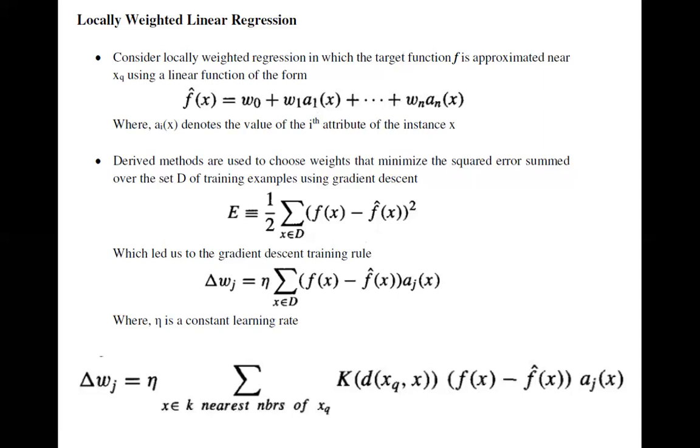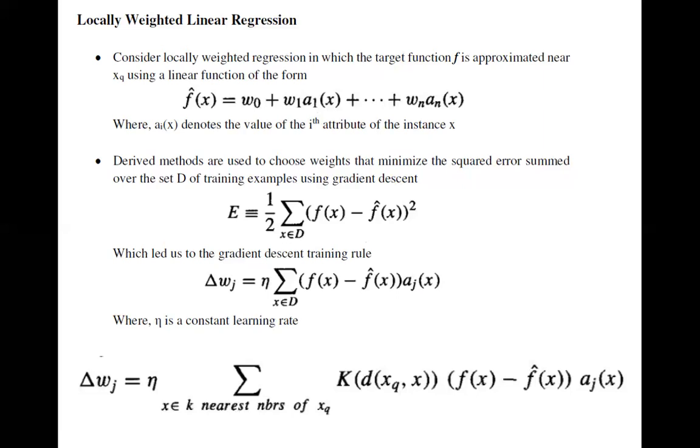In instance-based learning, first we saw k nearest neighbor, then locally weighted regression, and then radial basis function and case-based learning. So these are the four types of instance-based learning we'll be studying in our syllabus. In the next class, we shall see radial basis function. In the exam, you'll get direct questions like explain KNN or explain locally weighted regression.